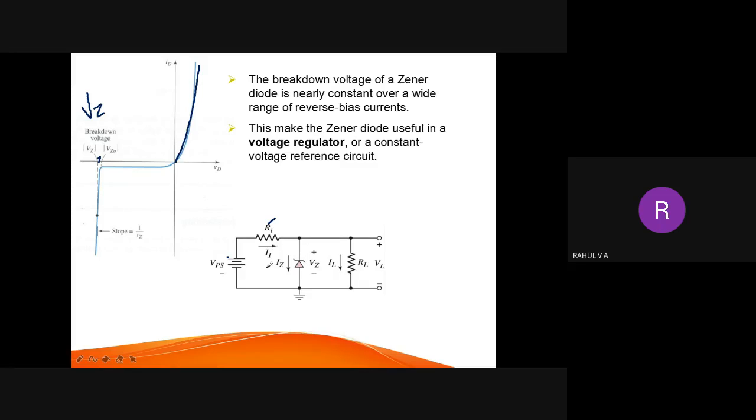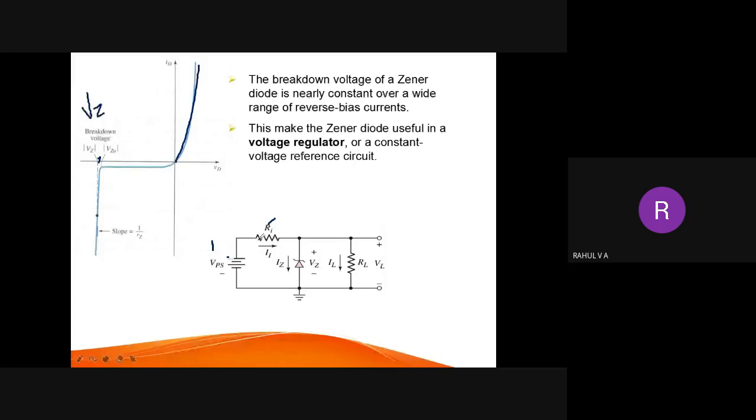So think like this. Initially, the input voltage is 1 volt. It will come through this resistor and the output will also be 1 volt.